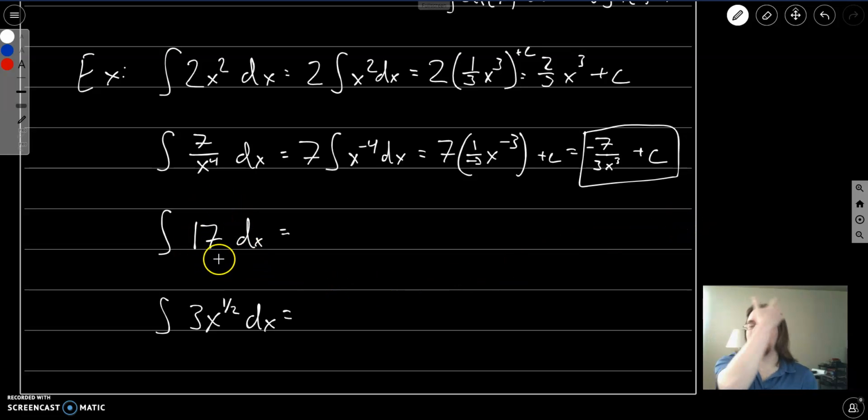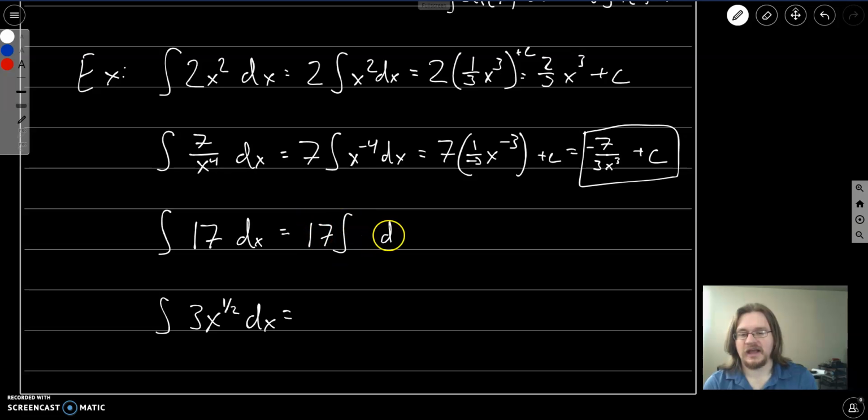So here, when I see the antiderivative of 17, this may look a little bit silly. I'm going to go through all the steps, but you don't necessarily have to do all this for the integral of a constant function. I'm going to pull a 17 out, and what's left in here is just 1.